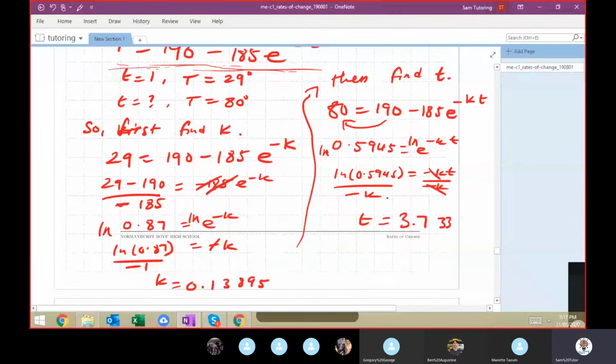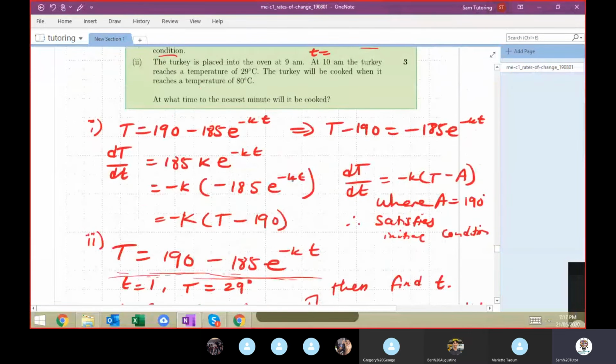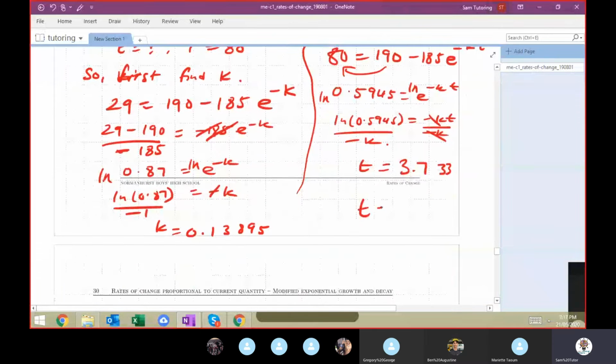We get 3.733. The question says, at what time to the nearest minute will it be cooked? 3 hours and 44 minutes.